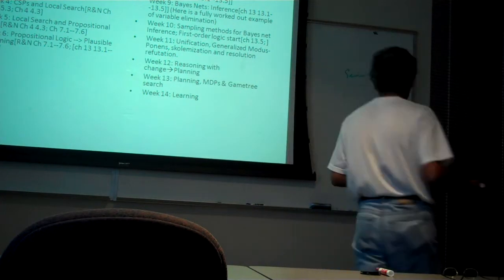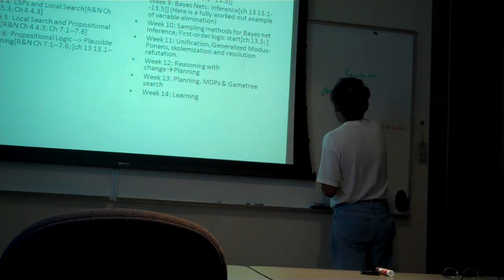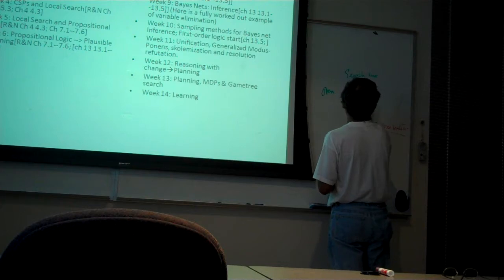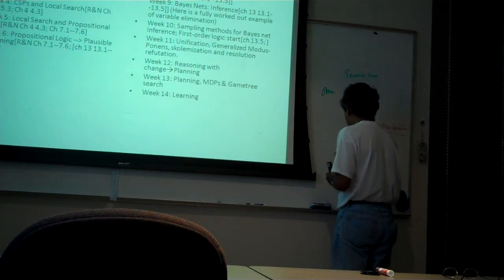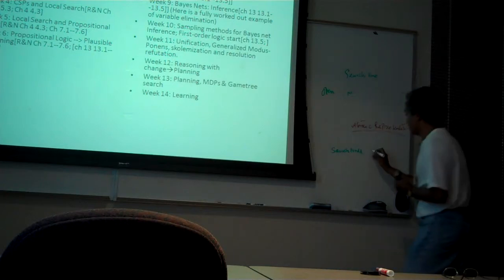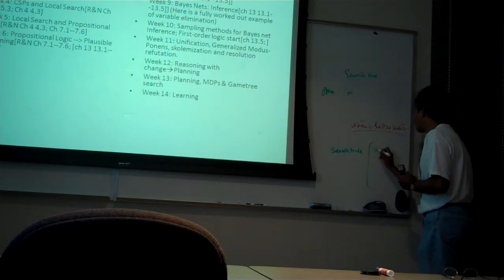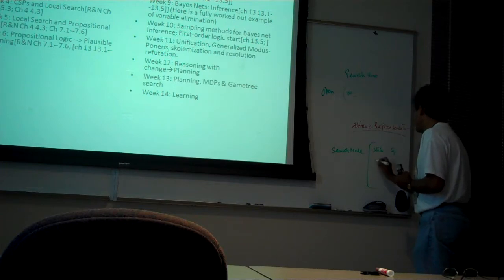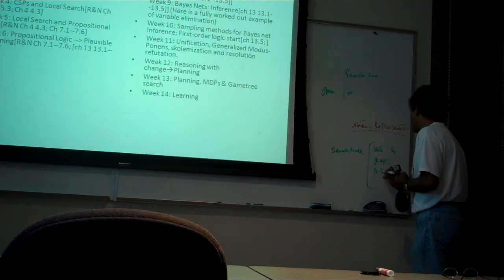If you remember A-star search, there is an open list, and it has, let's say, N1 and the node which is corresponding to, now each search node corresponds to some world state, okay, and some G-cost, H-cost, parent, children.